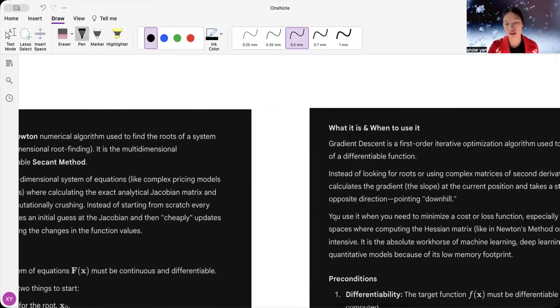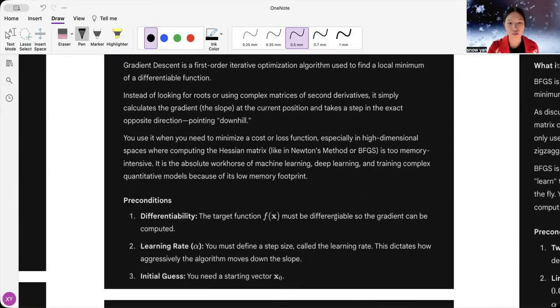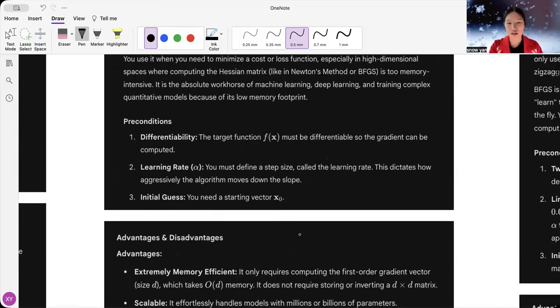And then this leads us to gradient descent, which is used to find a local minimum. Basically we find the gradient, point toward the local minimum, and then we just go down, down, down like that.